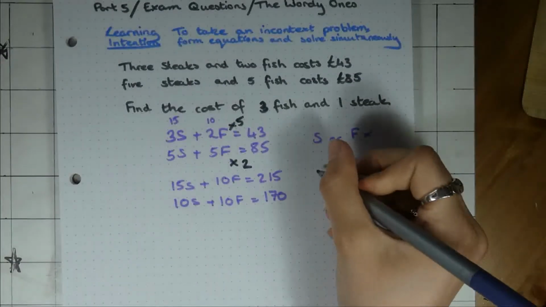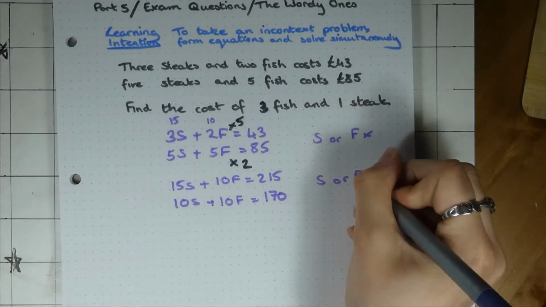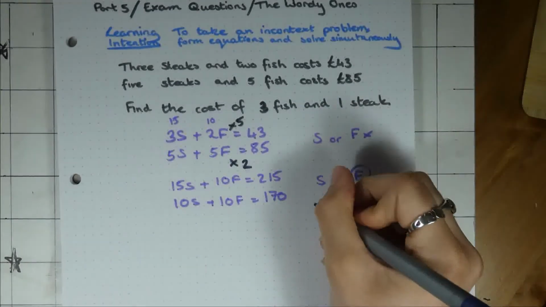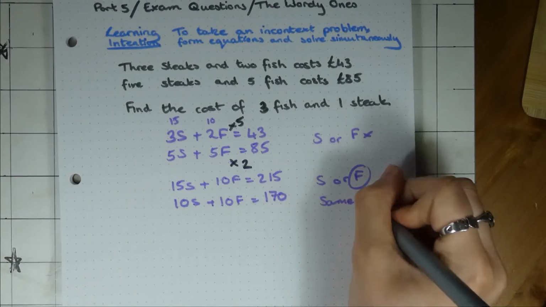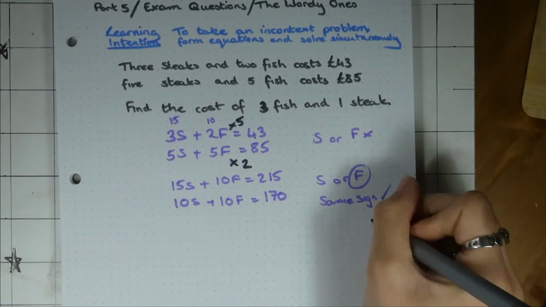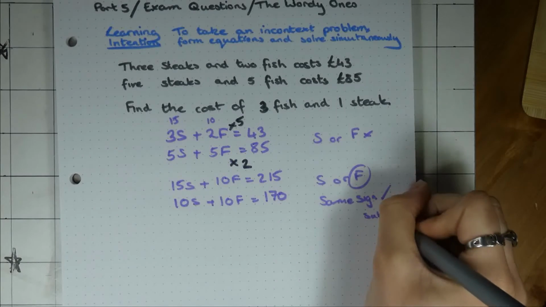Now we ask ourselves the question again, S or F? And here, yep, we have F the same. Then we ask our same signs, both positive, tick, same sign, subtract.